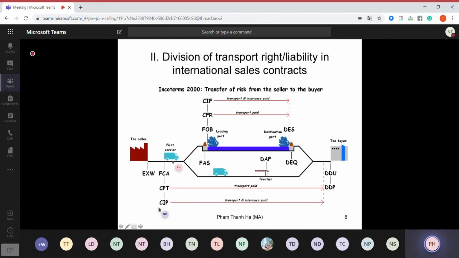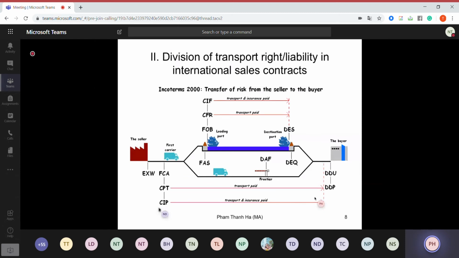It means if we apply CIP for maritime transport, this is also the point to transfer the risks and also the point to transfer the cost. So that's very interesting. In that way, CIP is exactly the same as the CIF in terms of the main obligations of the seller and the buyer in the sales contract. But if you use CIP for other kinds of transportation modes, of course we need to change the point of transfer of the risk and the point of transfer of the cost.